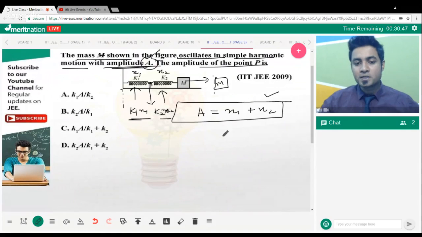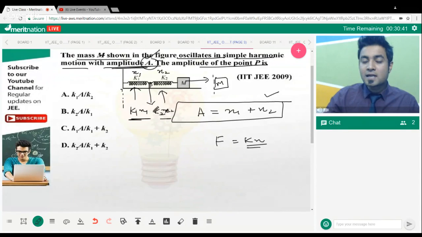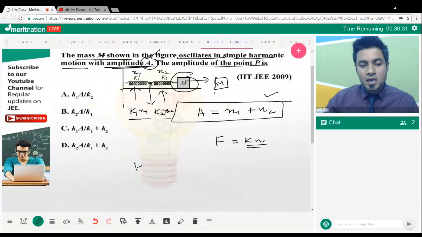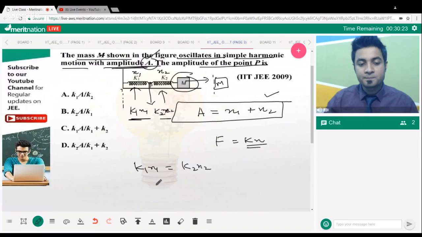This is how we represent the spring force, F equals kx, isn't it? So you can see these are internal forces. As this system is not moving, only this particular mass is moving, these internal forces have to cancel out. So k1 x1 has to be equal to k2 x2. As these are internal forces, they must cancel each other out, right?